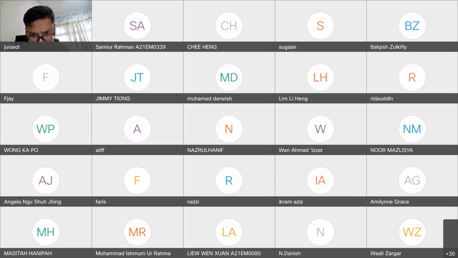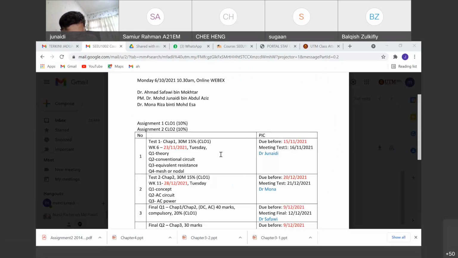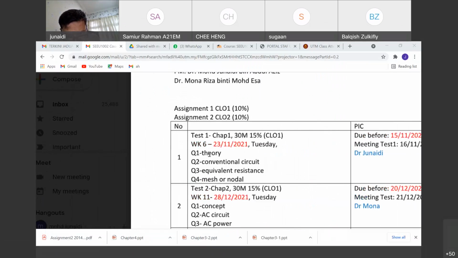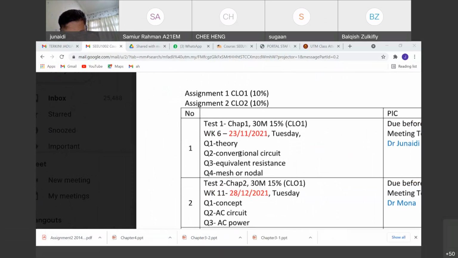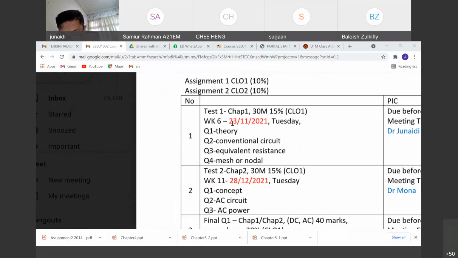Ini test awak. Please take note. Tarikh ni, itu tak penting. Siapa yang buat soalan tu tak penting. Yang penting tarikh ni. Saya dah cop ni tau. Jangan cakap nanti clash.